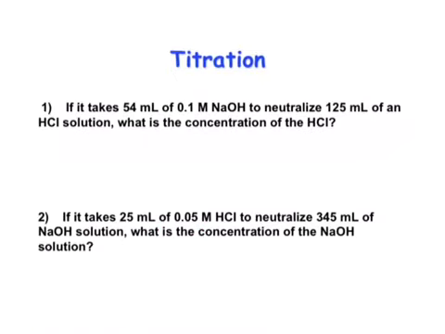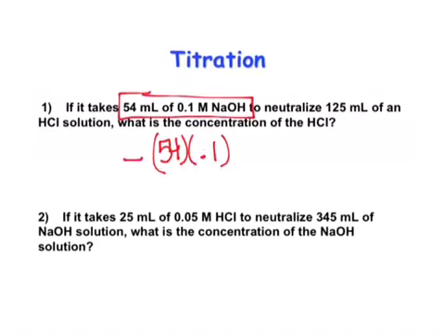So let's do a problem. 54 mils of 0.1 molar sodium hydroxide, acid or base? Base. So we have 54 times 0.1. To neutralize 125 mils of my acid. What is the molarity of the acid?